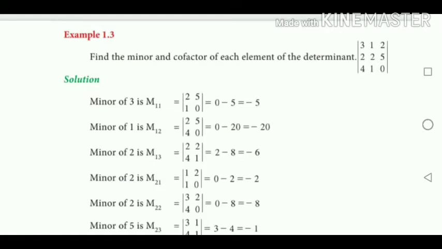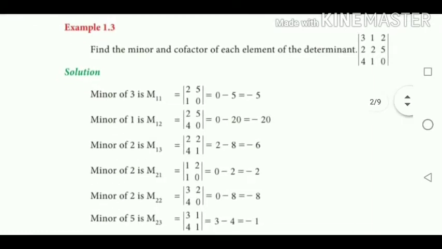The first column is 3, 2, 4, and that is also deleted. So if you delete the first row as well as the first column, you get 2, 5, 1, 0. Listen here students, we have to find the value of m11, first row first column.